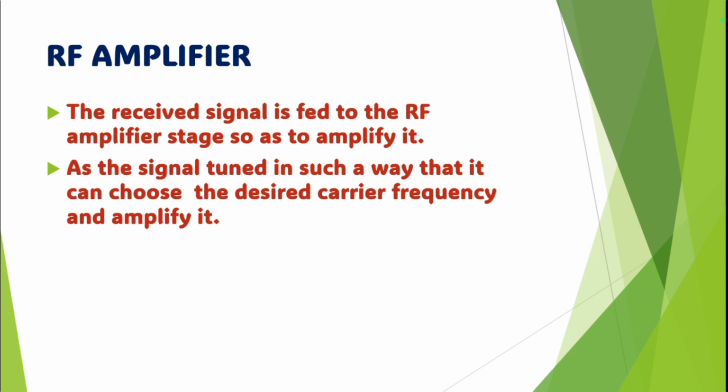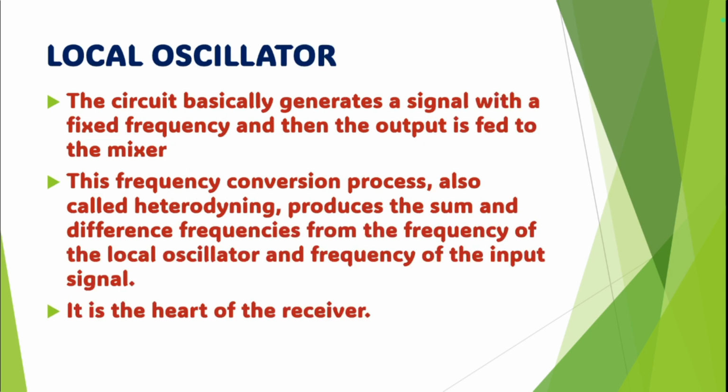The high frequency signal received by the receiving antenna is accepted by the RF amplifier, which is tuned in such a way that it can choose the desired carrier frequency, and after that it amplifies that signal.